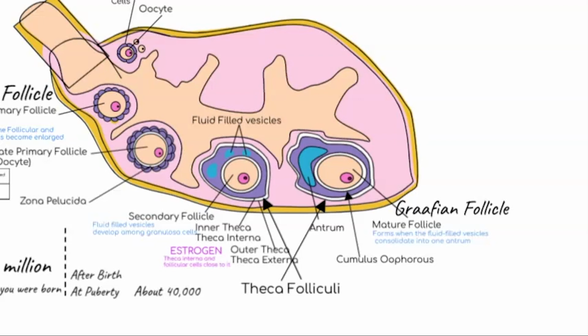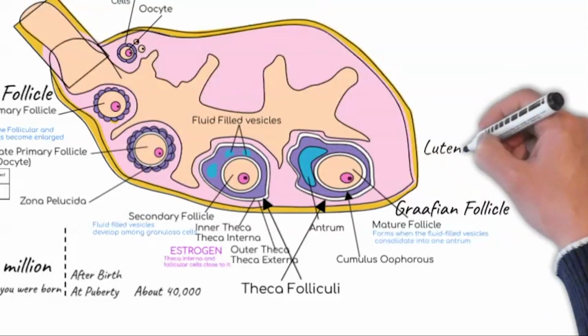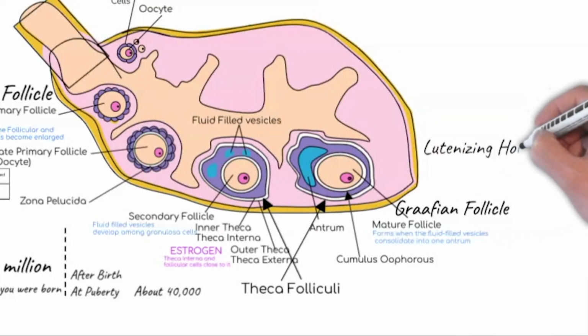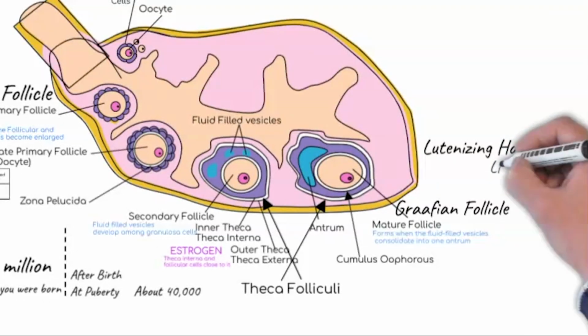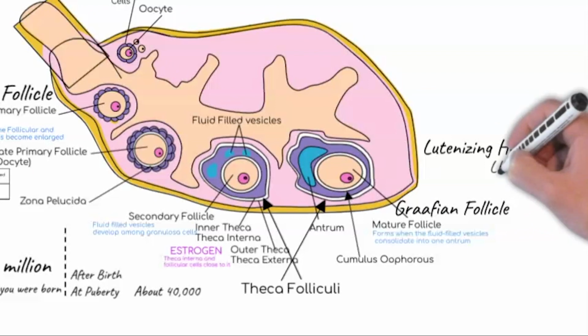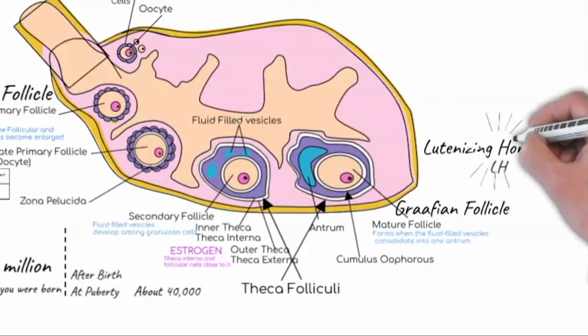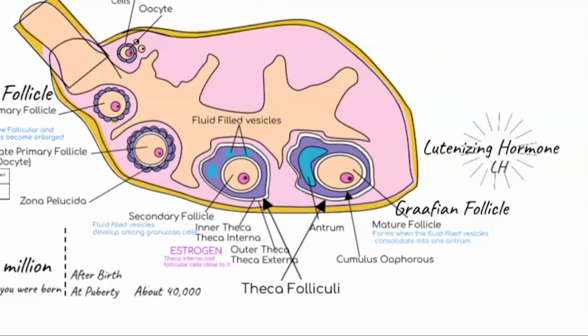A surge of a hormone called luteinizing hormone occurs to stimulate ovulation. So remember, we had a follicle stimulating hormone, FSH, to begin the cycle, to stimulate the follicle to grow. Now we have something called luteinizing hormone that stimulates ovulation.